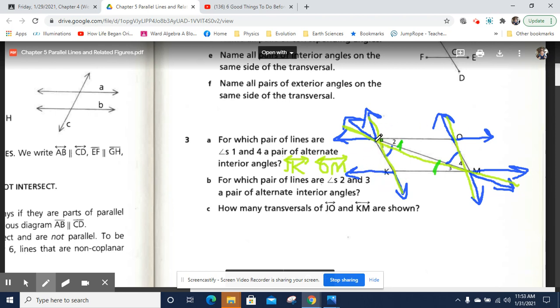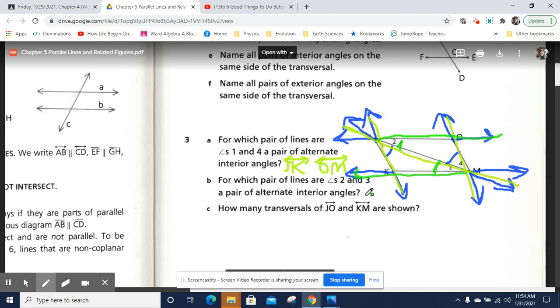So here's the spoiler. Angle 2 is made out of the ray that is here and the ray that is here. So angle 2 is an angle attached to JO, and angle 3 is an angle attached to MK, or KM.